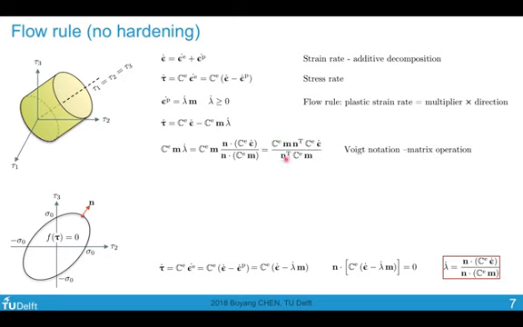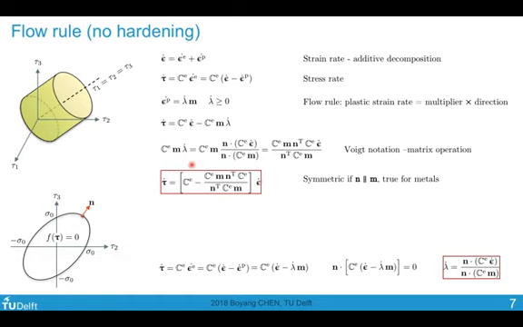Note that the dot products have been replaced with the matrix multiplication operation. Now we have singled out the total strain rate. Here we also have the total strain rate. So if I substitute this expression into this expression for the stress rate, we are able to isolate the tangent modulus, which relates the total stress rate with the total strain rate.